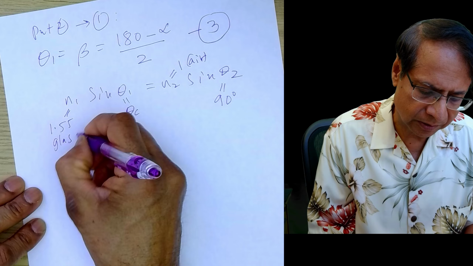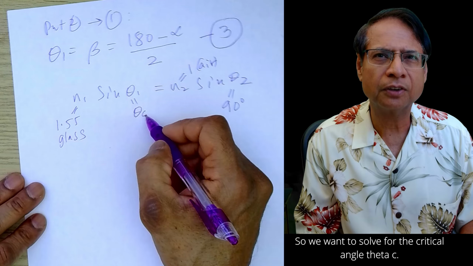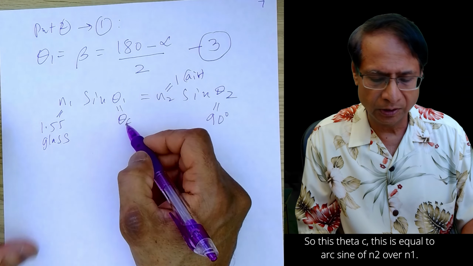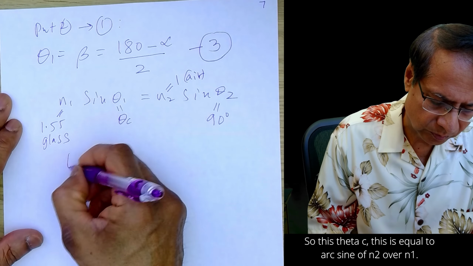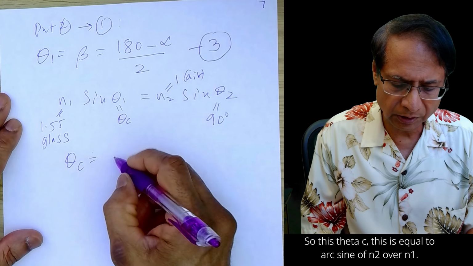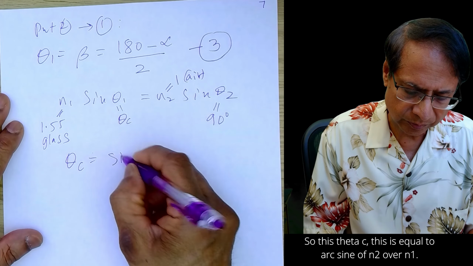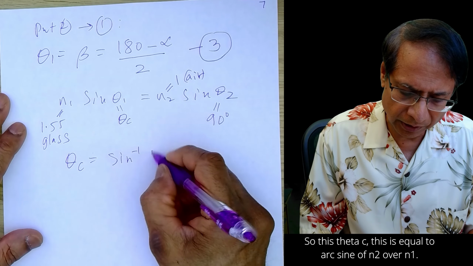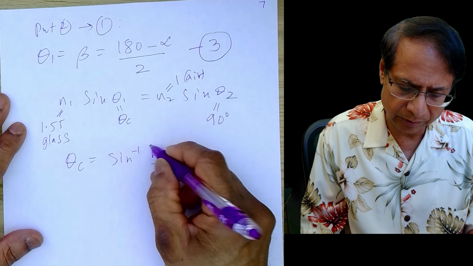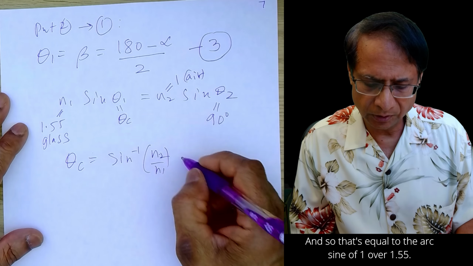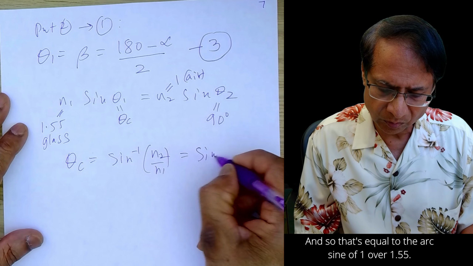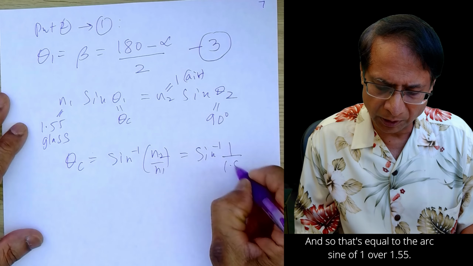This is the glass. So we want to solve for the critical angle theta c. This theta c is equal to arc sine of n2 over n1, and so that's equal to the arc sine of 1 over 1.55.